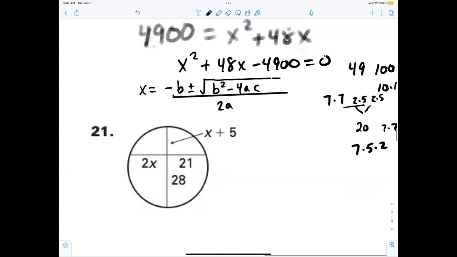So in this case, negative b would be negative 48, correct? So remember this, a is 1, b is 48, c is negative 4,900.